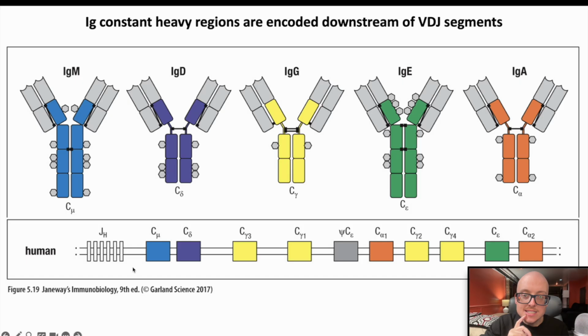That means that they're close enough to be included in the primary transcript as transcription proceeds through this region. And so they can be spliced into the final mRNA molecule.